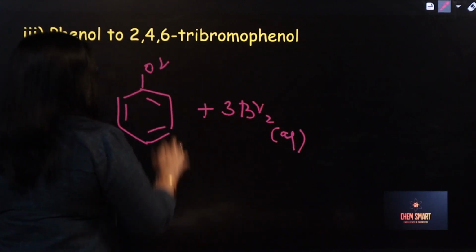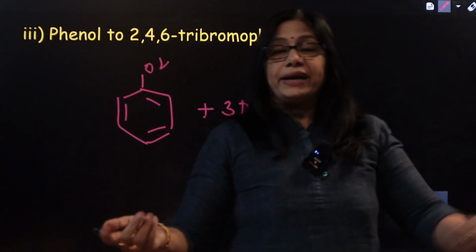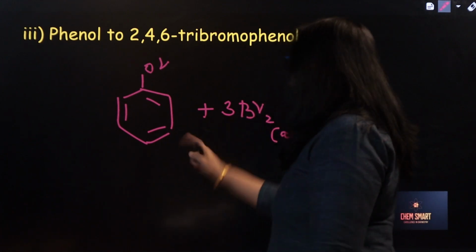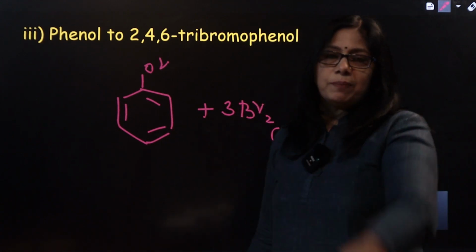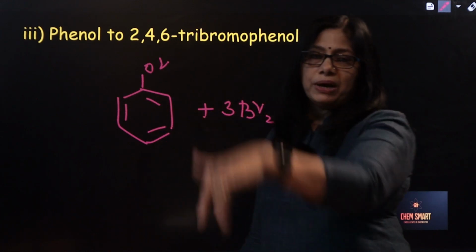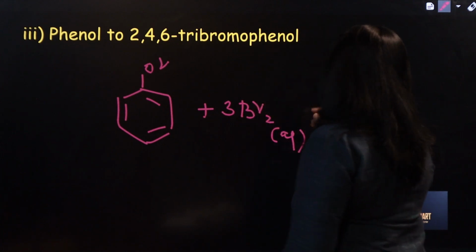I have just balanced it because 3 bromines you need to get substituted and 3 outgoing hydrogens. One from here, one from here, one from here. 3 hydrogens will be going out. To combine with them, 3 extra bromines you require. So 3 for attaching and 3 for combining with the hydrogen atoms, 3 hydrogen atoms. So totally 6.